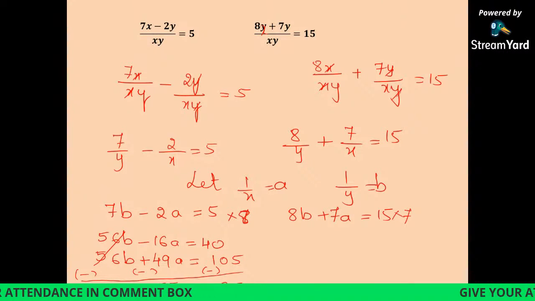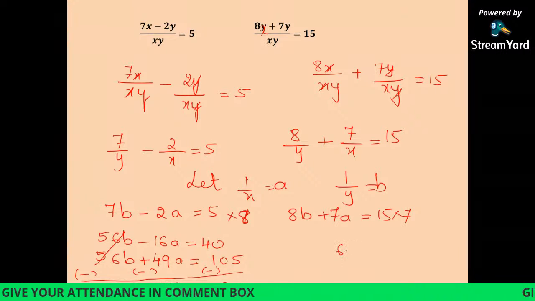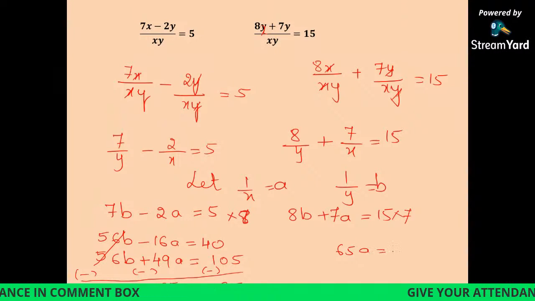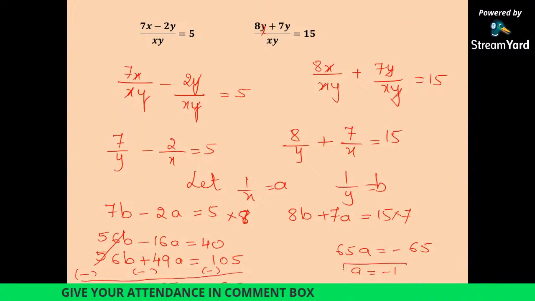If you subtract 40 from 105, you will get 65. As 105 is greater, it is minus 65. That means a is equal to minus 1.